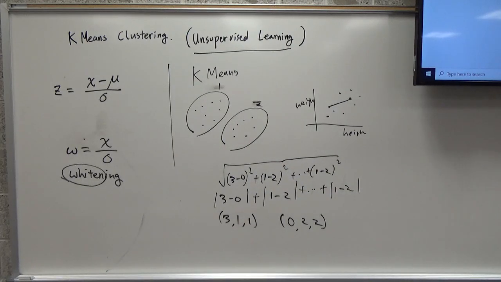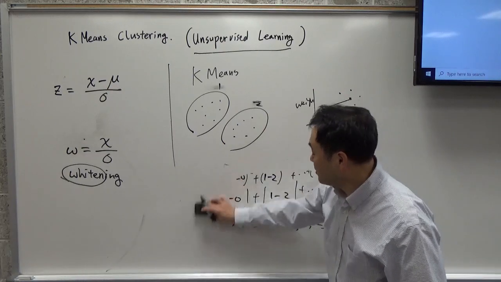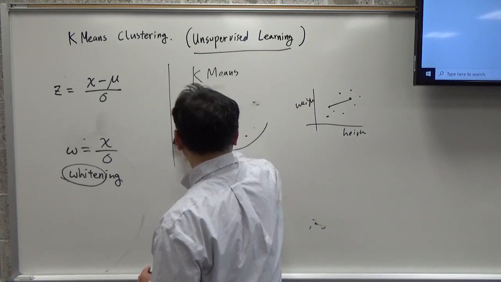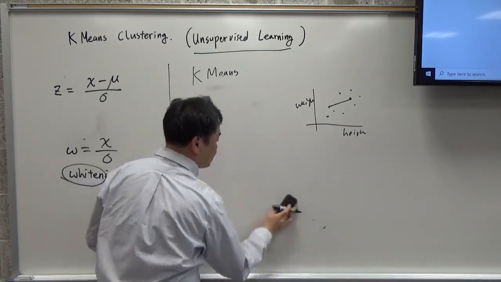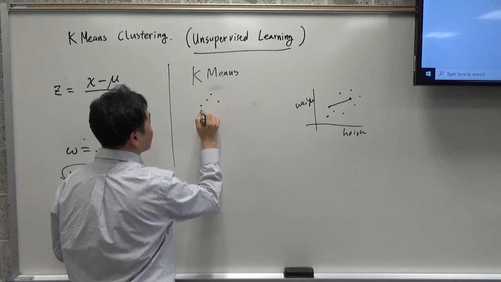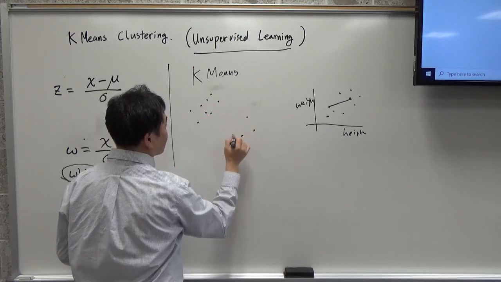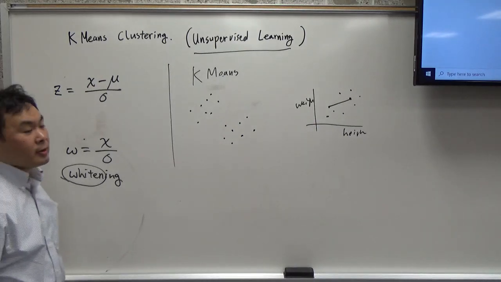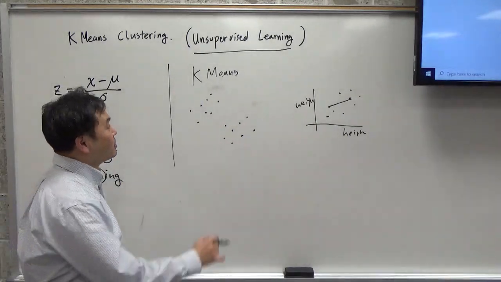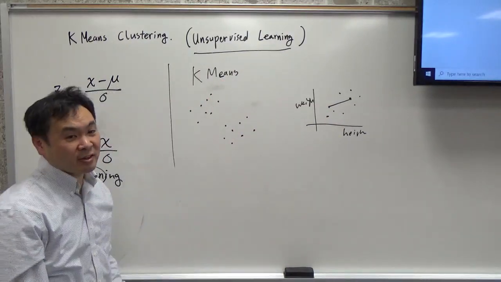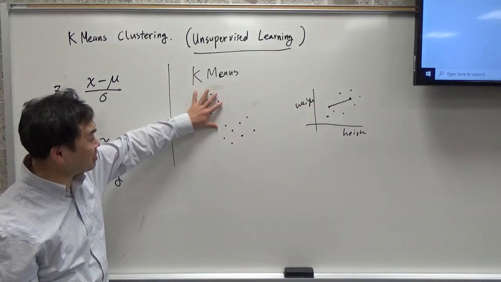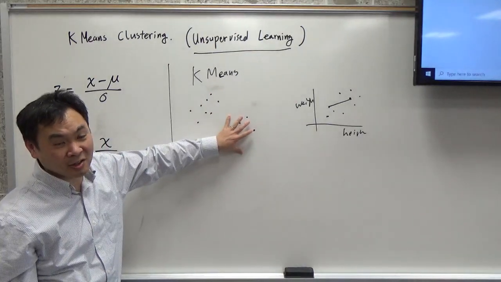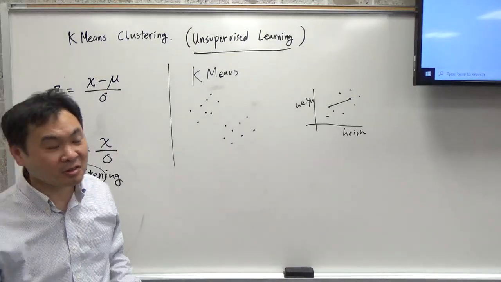Okay, so now let's think about how the k-means would work. So suppose you have this cluster given. How are you going to say that, oh, there's this one group of cluster, there's one cluster here, there's another cluster here, and I think this should be two clusters. Okay? How would you do that?